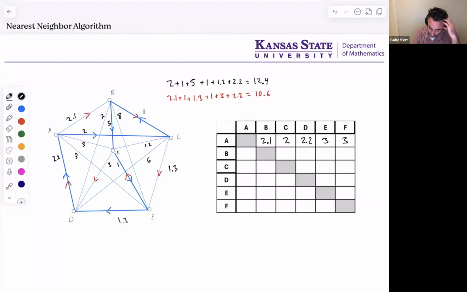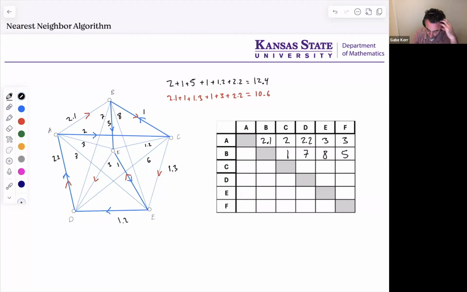So now I'm going to look at B, but I'm going to look at only the values over here. So I want to look at BC, BD, BE, BF. Okay, and then I'll just enter those values in. BC is value 1, BD is value 7, BE is value 8, and BF is value 5. Great.